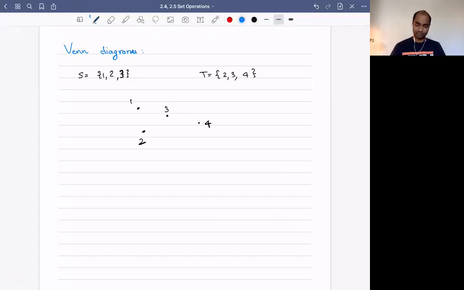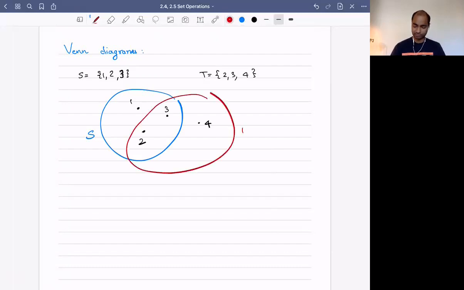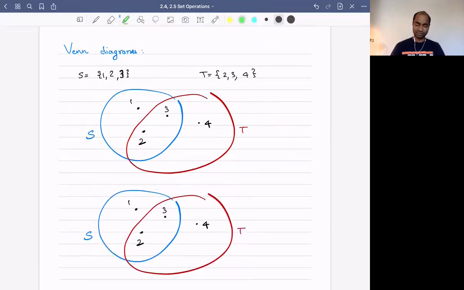And I'll say, this is my S, and T is 2, 3, 4. So I'll denote sets by regions and elements by points. So now I can describe all the operations using Venn diagrams. So let me make copies of this. So first, let's do union. Union is a collection of objects that are either in S or in T. So 1, 2, 3, 4, all of them. So the union would be this set.